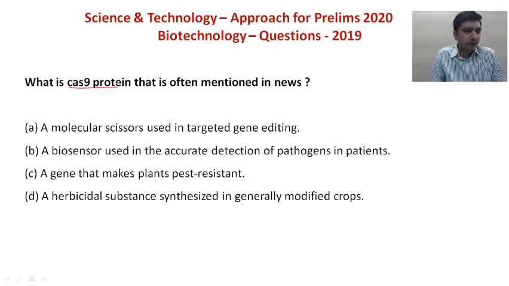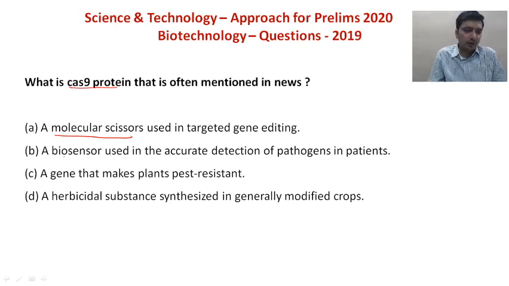So this question is straightforward. They asked what is the Cas9 protein that is often mentioned in the news. So you probably know it. CRISPR is the RNA component and Cas9 is the protein component, which acts like a molecular scissor. It cuts the targeted DNA molecule, so it is a molecular scissor used in gene editing. So this is clear.